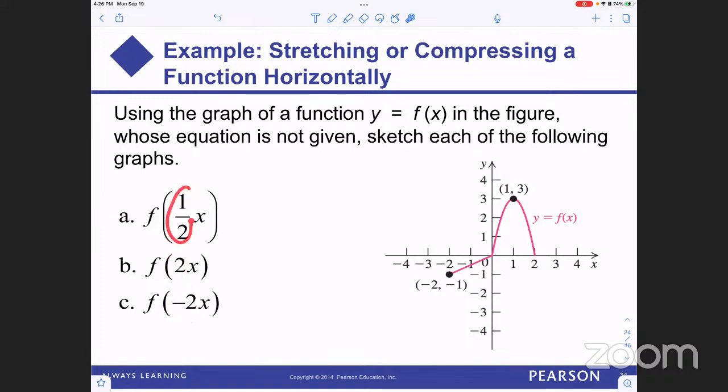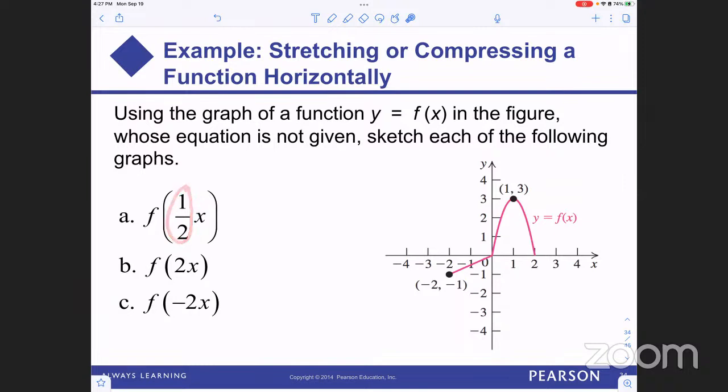Multiplying the inside by a half is going to cause a horizontal change. You might be tempted to say it causes a horizontal compression, but remember the inside manipulations are the reverse of our intuition. So this actually causes a horizontal stretch by a factor of 2 away from the y-axis.